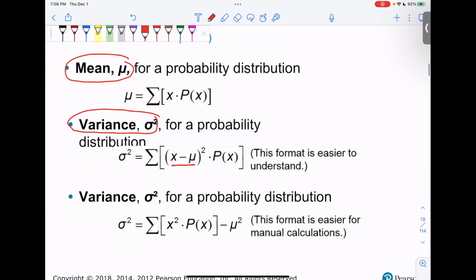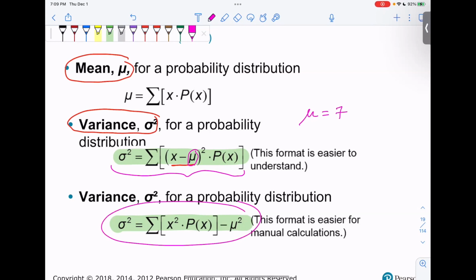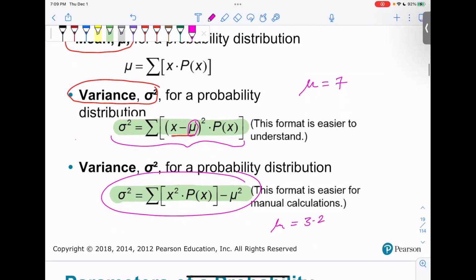And we can use two formulas to calculate variance. We can use this one and we can use this one. This is easy if we have a mu equal to a whole number, like 7, 2, 3, and this will be easy if we have a mu equal to 3.2 maybe. But if you use this one or this one, you will get the same answer.